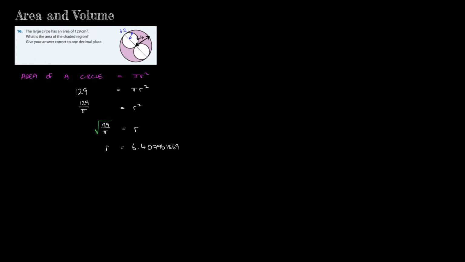Okay, so the next thing I need to do is get the area of the small circle. So I'll start off now by getting the area of the small circle. In order to get the area of the circle, I need pi r squared. So we're getting the area of a circle, and we're looking at the small circle. I just put the small circle there in brackets so that we know.